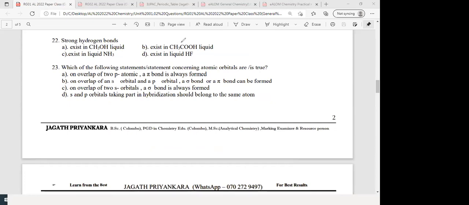This is alcohol. This is carboxylic acid. And this is HF. HF, anyway you have learned hydrogen bonding. Ammonia also has hydrogen bonding.